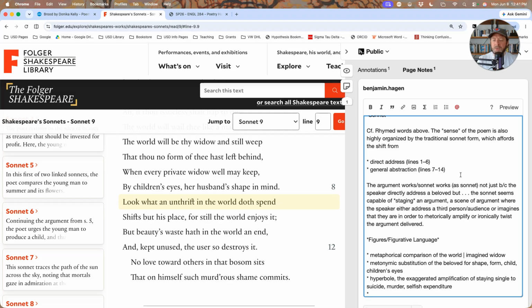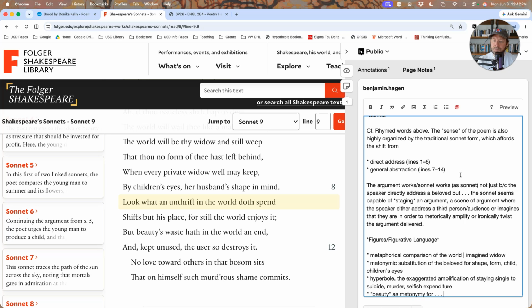There's something about beauty too. Beauty's waste hath in the world an end, but I guess that isn't necessarily a figure of speech so much. But there's a way in which we could think of beauty as metonymy, right?